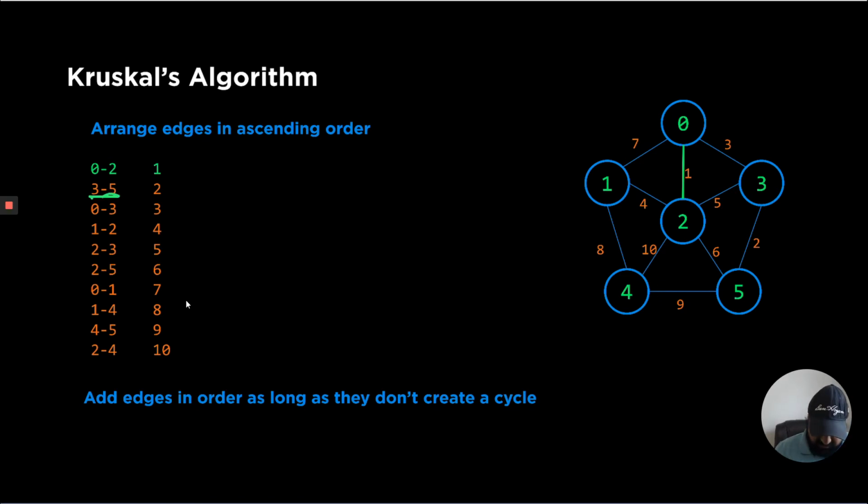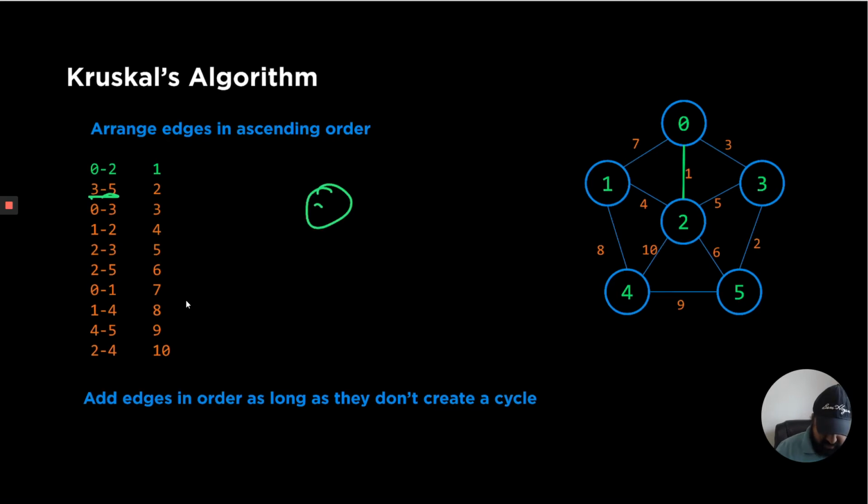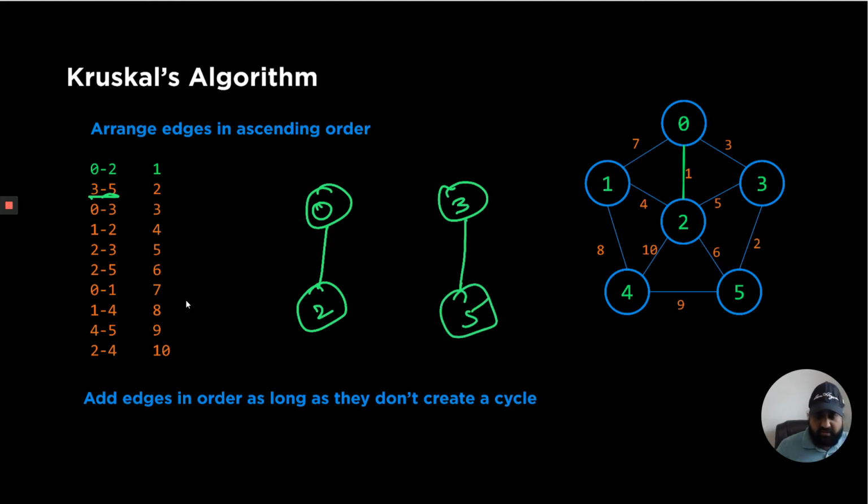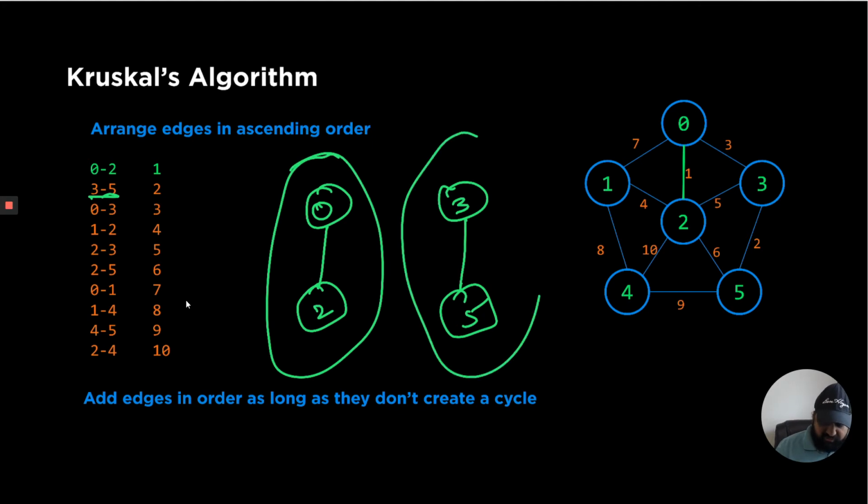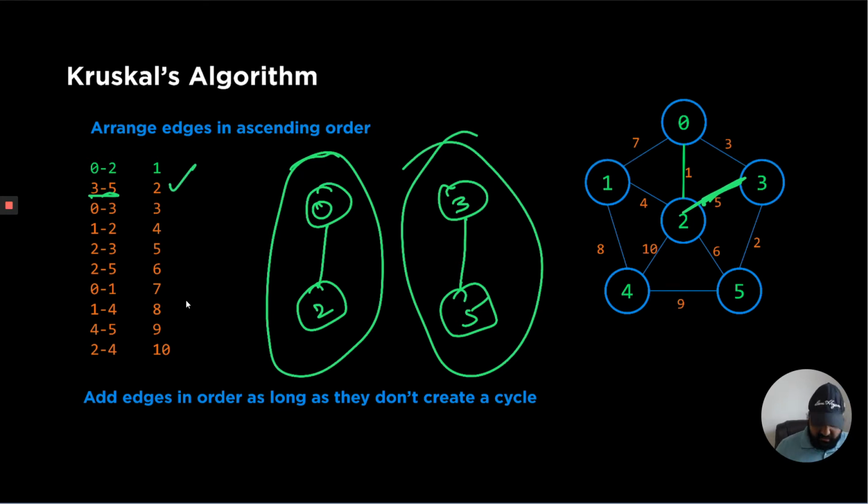If we add 3, 5 to our minimum spanning tree, it's not going to create a cycle because it's still a separate component. In fact, this type of structure is called disconnected components in a graph. So 0, 2 and 3, 5 will be selected as part of the minimum spanning tree because they don't create a cycle.